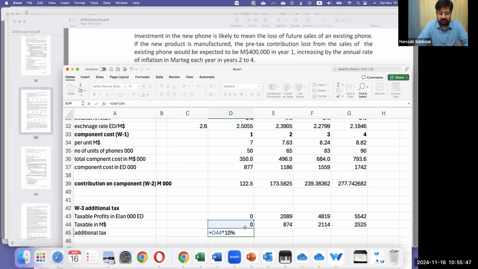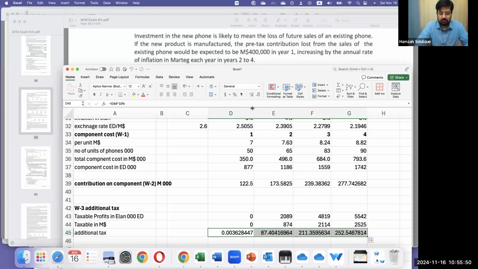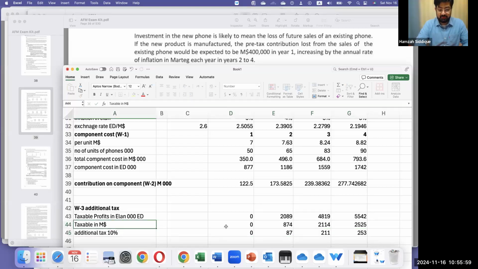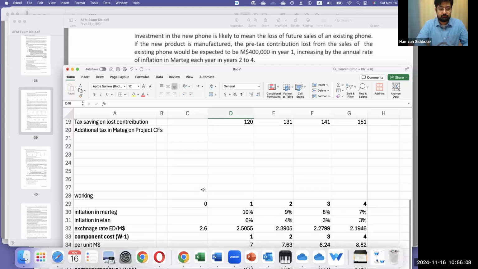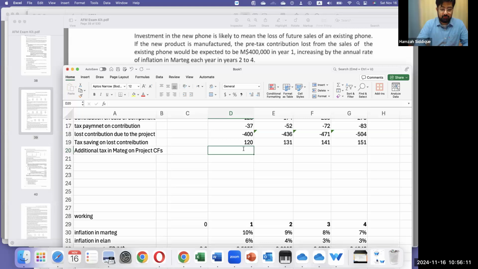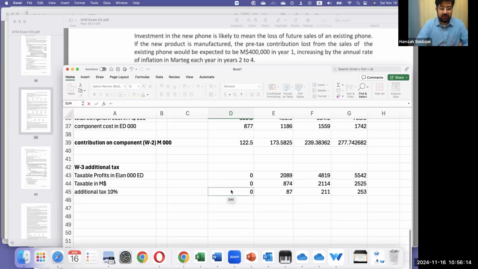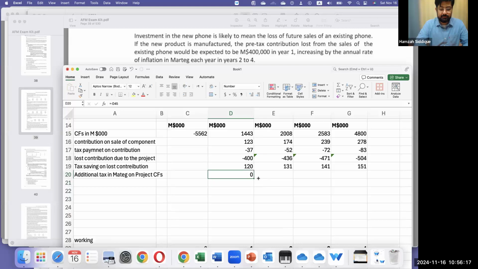This into 10%. Yes. This is the additional tax payment, 10%. So that is equal to minus, link it. Question is almost done. Net cash flows.